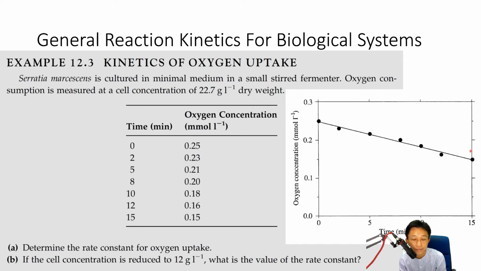Okay, the concentration of oxygen is decreasing, so it means that your cells are using the oxygen. Determine the rate constant, the small k, if the cell concentration is reduced from this one to this one. What is the rate constant?